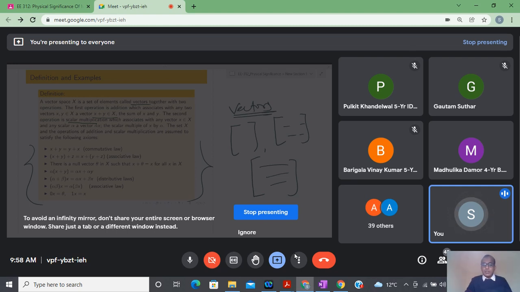In that space, if I define two different operations, addition and multiplication, and if it is an abelian group with respect to each operation, and if I exclude zero for multiplication, then it forms a field. A vector space is nothing but a field and two operations, and after that I have to define a way to add two vectors or scale a vector, that is scalar multiplication, and it should satisfy these properties.